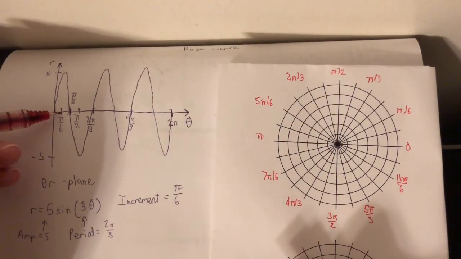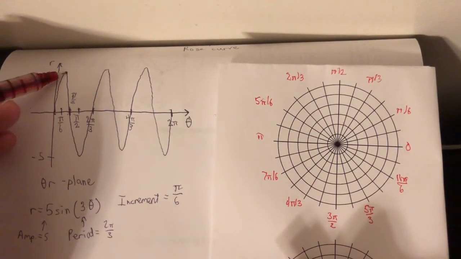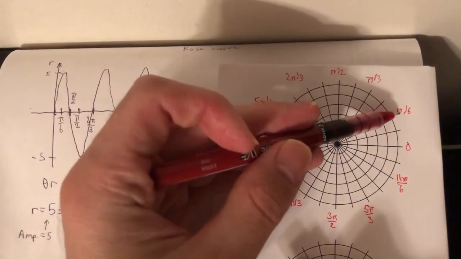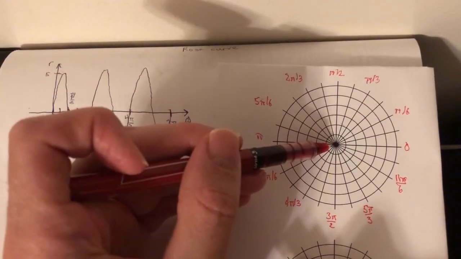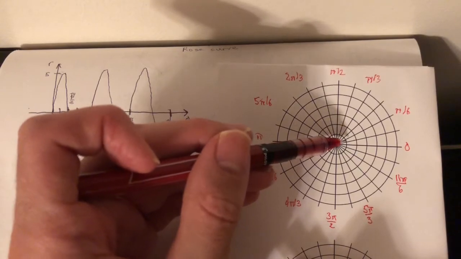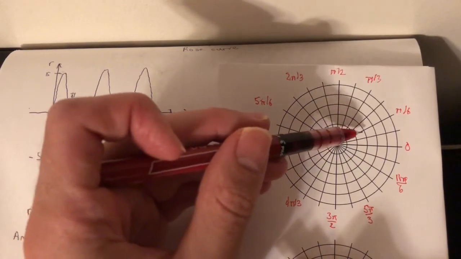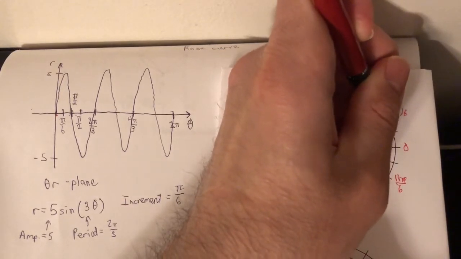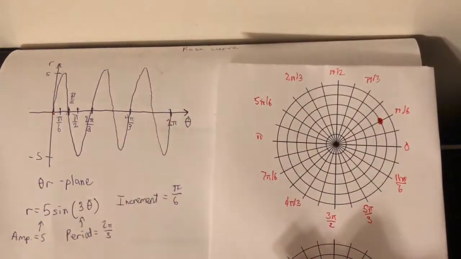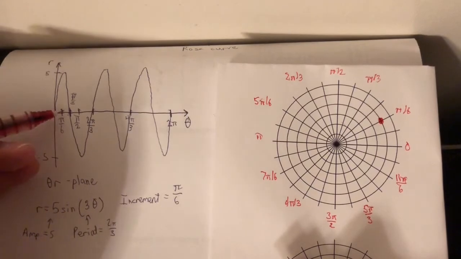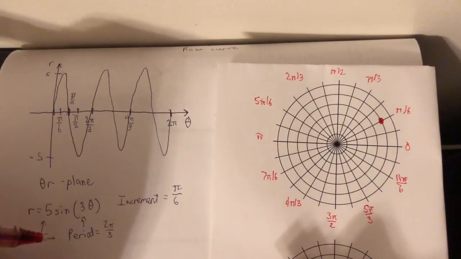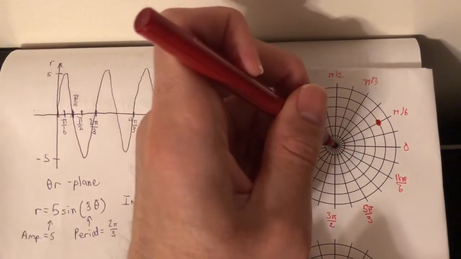And when theta equals pi over 6, my r, my distance from the pole, is going to be 5 units. So I count out 1, 2, 3, 4, 5 circles, and I'm going to get this point on my graph. Now when theta equals pi over 3, I'm back to the pole.